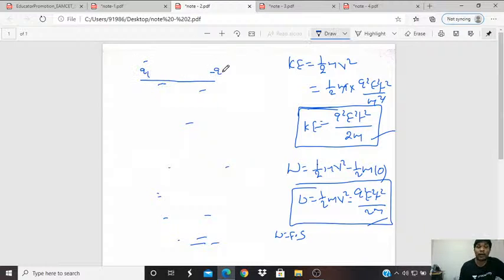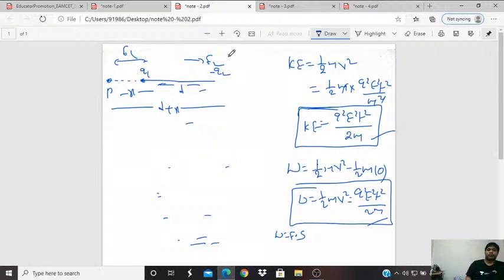Q1 minus Q2. So in that case, what? It forms near the small charge. See, at a point P here, net field will be 0. It is at X distance. And it is what? D na separation. So it will be D plus X. Now, here due to field even here in this direction. Now what is the net field? K into Q1 by X square equal to K into Q2 by, what is this?